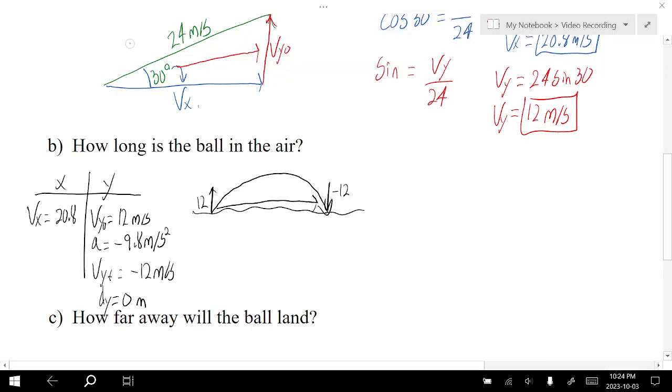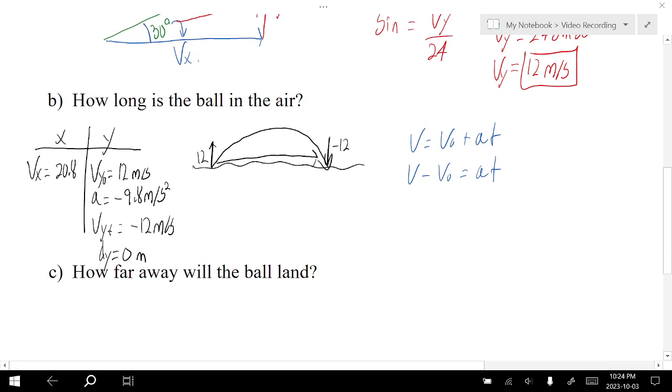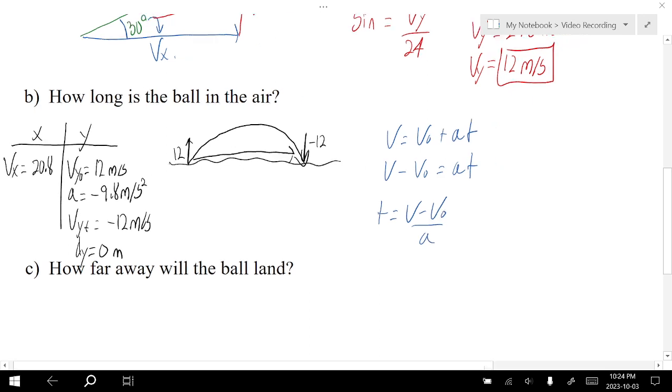So how long is the ball in the air? We can use this formula v equals v naught plus at to solve that. And we need to solve for time before we plug in our values. So I can subtract v naught from both sides, leaving me with v minus v naught equals at. And then I can divide both sides by a, giving me t equals v minus v naught over a.